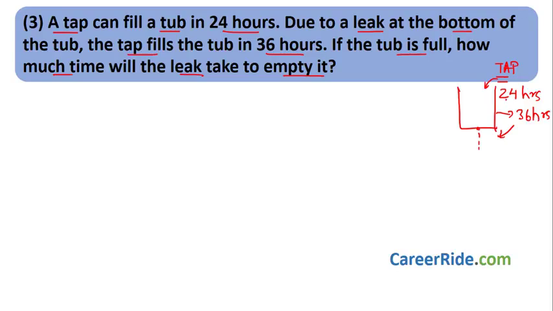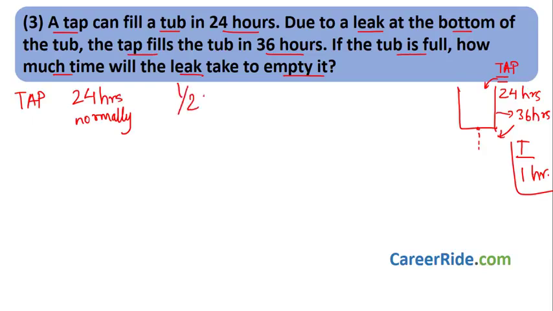What we learnt over here is that we invert and find the 1 hour work. Here they are saying the tap can fill the entire tub in 24 hours normally. So in 1 hour, how much of the tub gets filled? 1 by 24. Why?